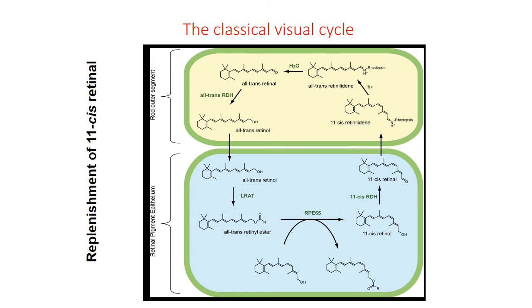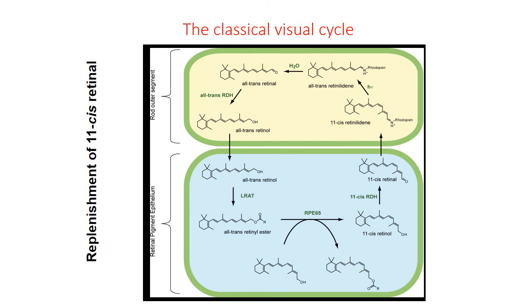Another important consideration about light-dark adaptation pertains to what we call the visual cycle. The visual cycle refers to this cycling of the chromophore between the photoreceptors and the retinal pigment epithelial cells.